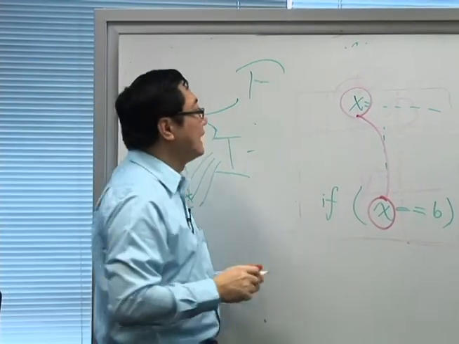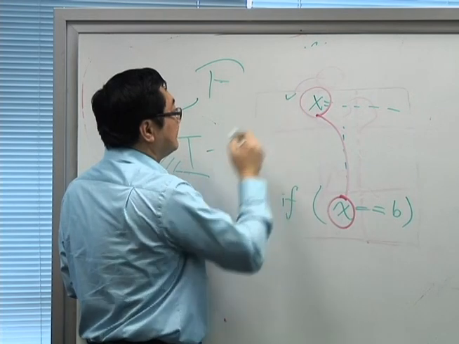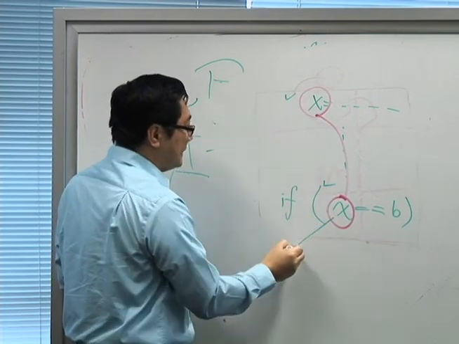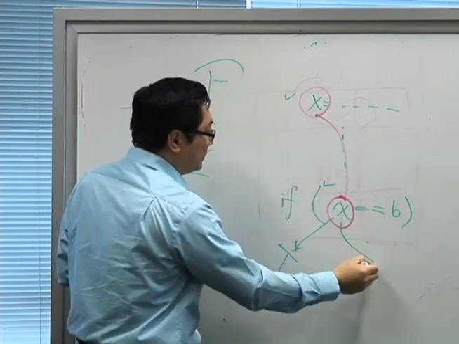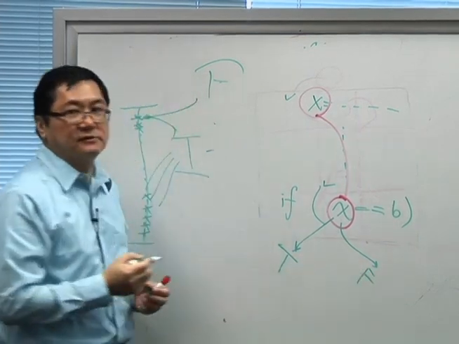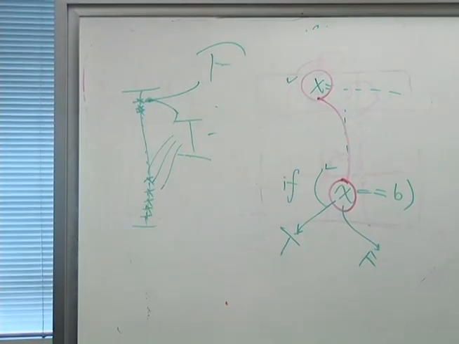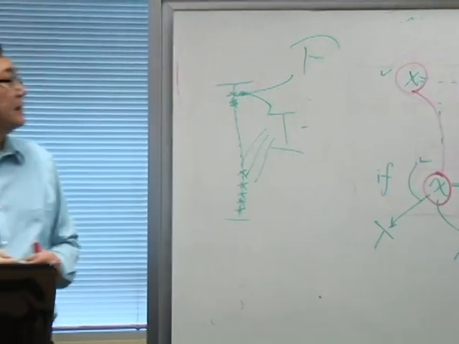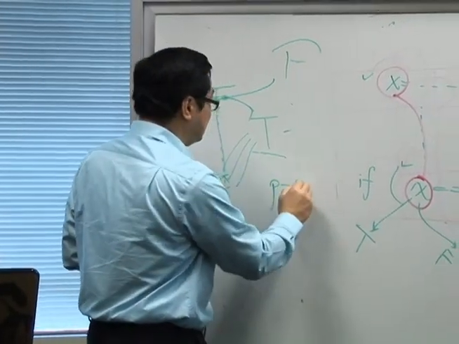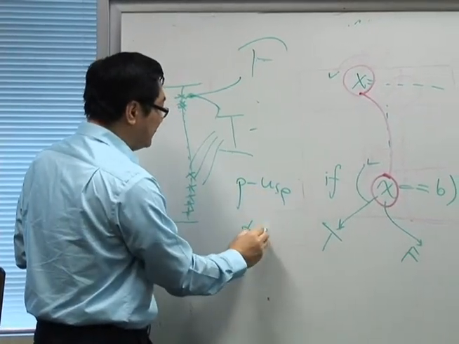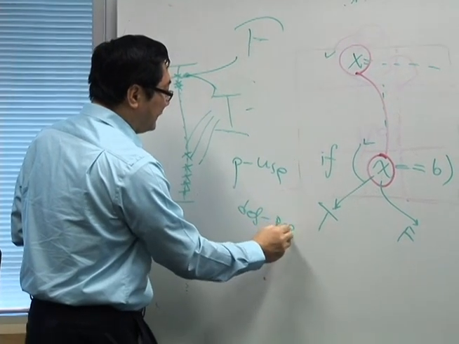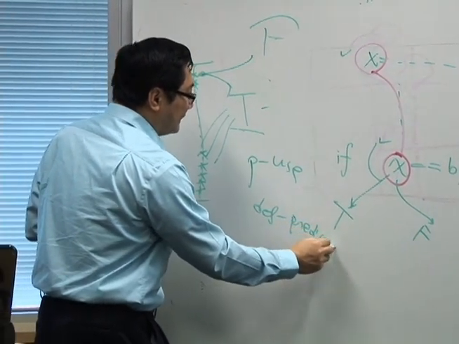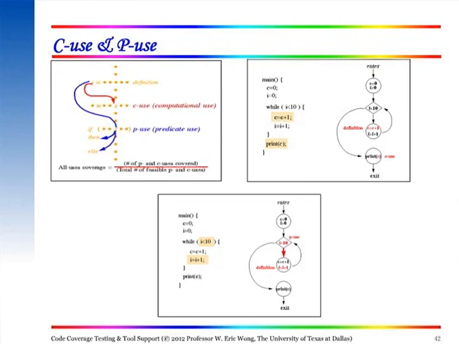Then you have to say from this definition to the use, and then you go to the true branch, or you go to the false branch. Okay, so P-use means what? You have a definition, you have a use in a predicate, and then tell me which branch you go. So far so good? So that's what it says.